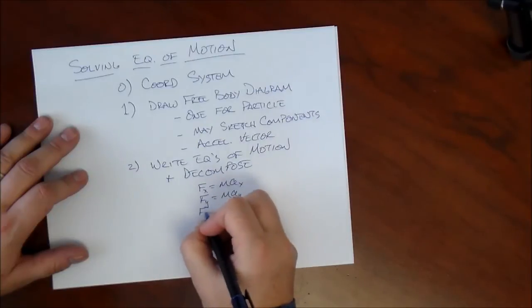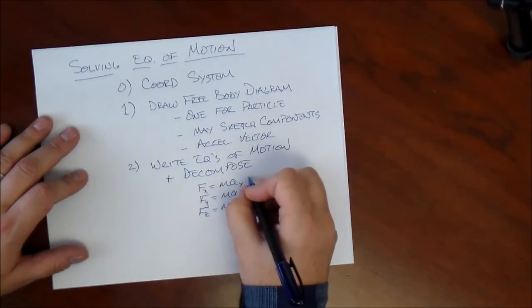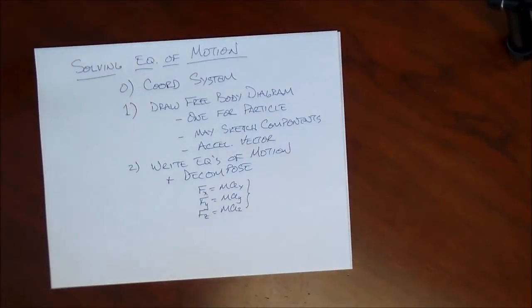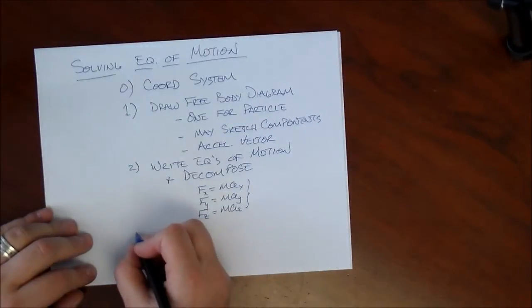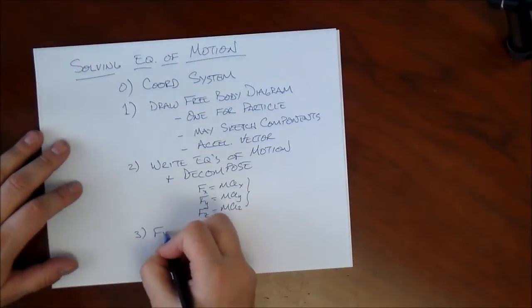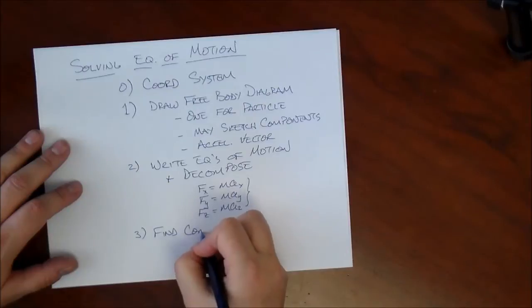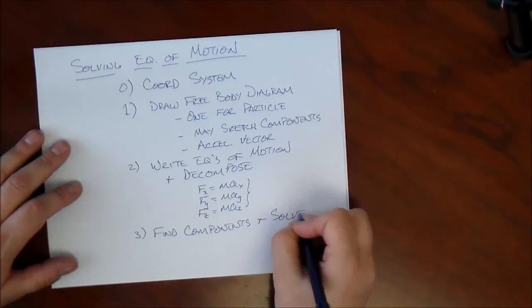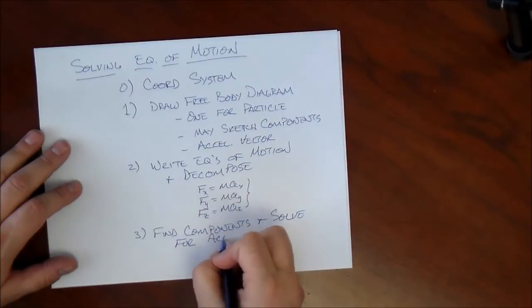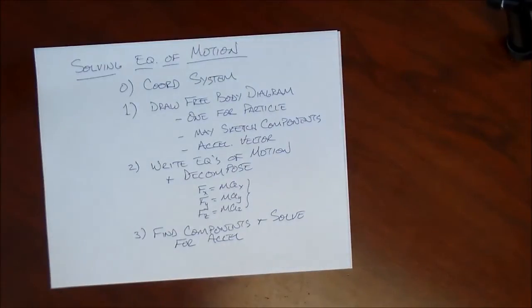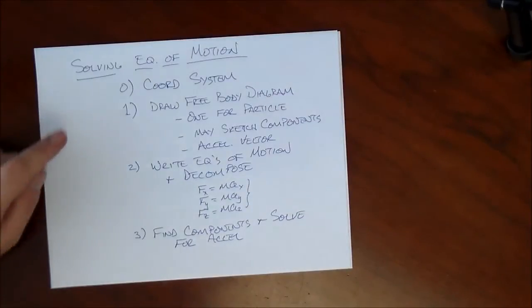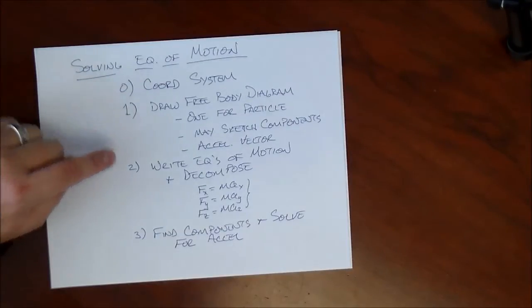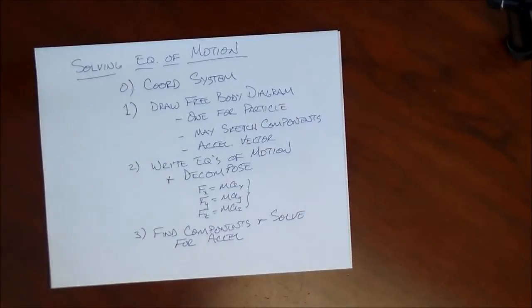Similarly for y and z. And then the final step is to find what those components are or perform any algebra necessary and solve for the accelerations. And then, depending on the problem, you may need to find velocities and positions, determining motion that way, or take other steps. But the important things here are coordinate system and free body diagrams prior to the writing of your equations of motion.